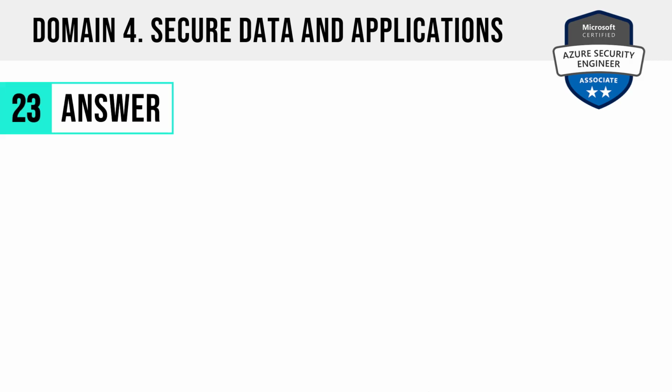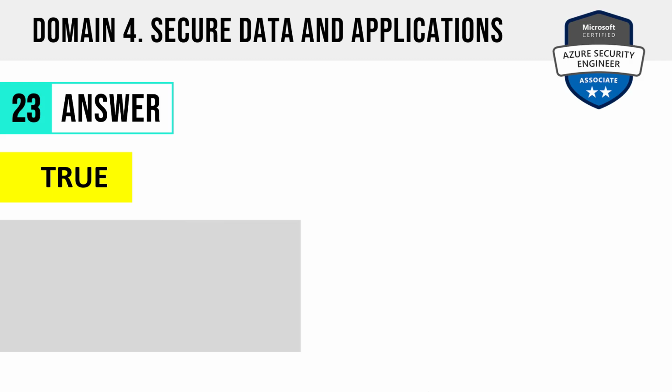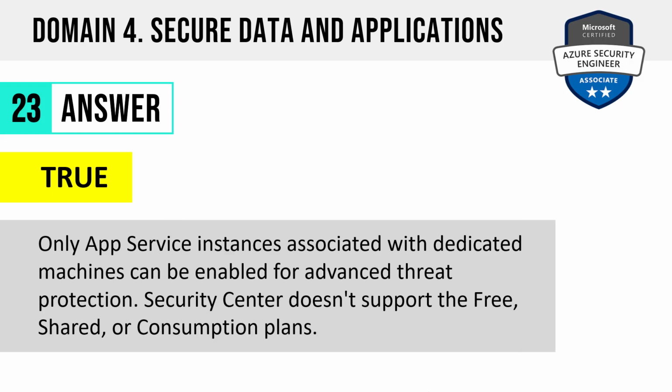And the answer is true. Only app service instances associated with dedicated machines can be enabled for advanced threat protection. Security Center doesn't support the free, shared, or consumption plans with app service.